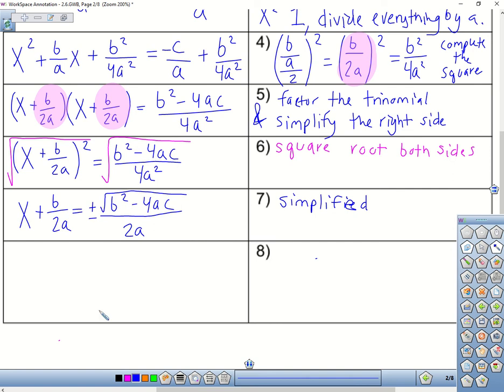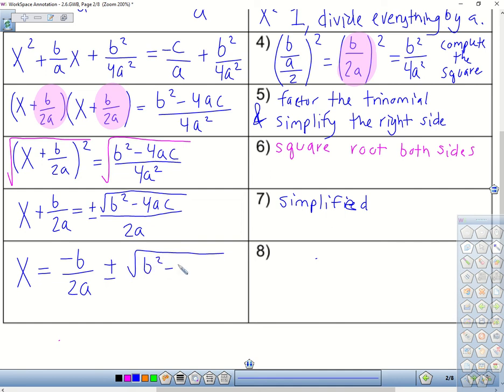And you're right. Yes, we have to subtract b over 2a on both sides, right? So if we subtract b over 2a on both sides, that's going to leave me with x equals negative b over 2a plus or minus the square root of b squared minus 4ac all over 2a.